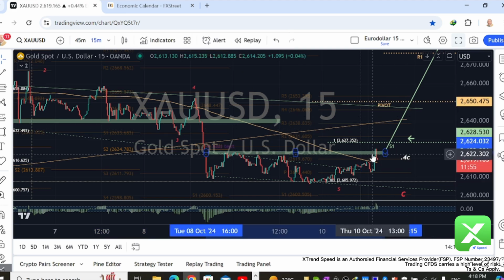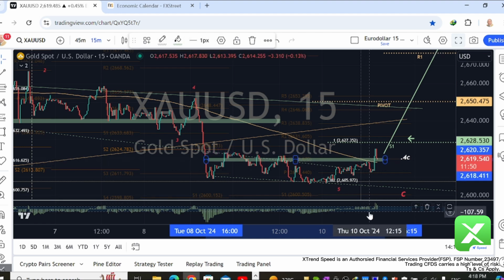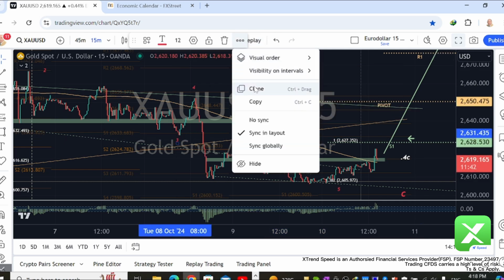We have a neckline right there, actually right there, right? And at this point, we have a 1 and a 2, then a dot 1 and a dot 2, and we'd want to have these all showing so that we know where to place our stops now.